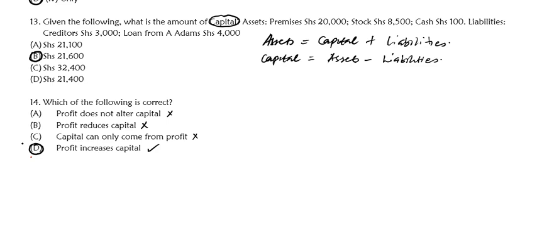I can contribute money into the business as the owner of the business, so that's another source, not necessarily profits. So capital can come from any other source other than profits, so that one is also wrong. D, profit increases capital. That is correct.